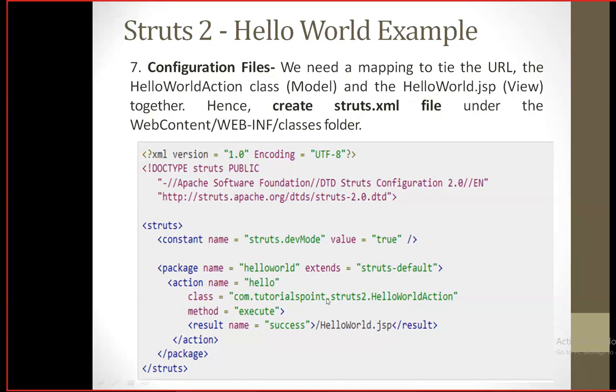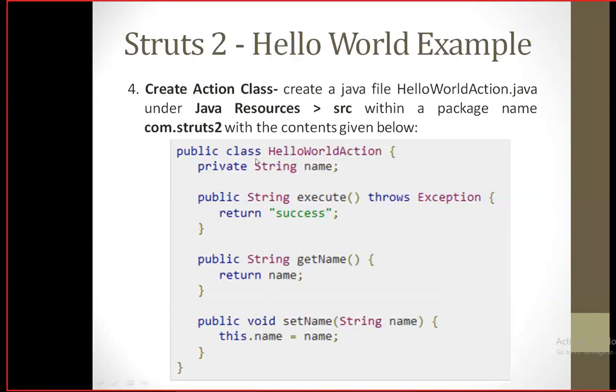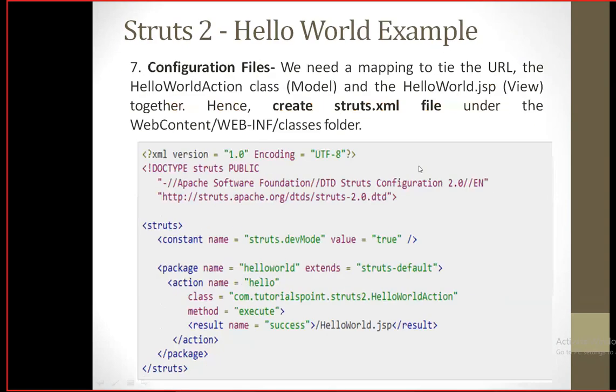This example, as I took it directly from tutorials point, so the package is com.tutorials.struts2. The class name. Understood? So HelloWorldAction was our class name, as you can see over here, right? That is the class name followed by the method which we want to call. So it is the execute method which we want to call.